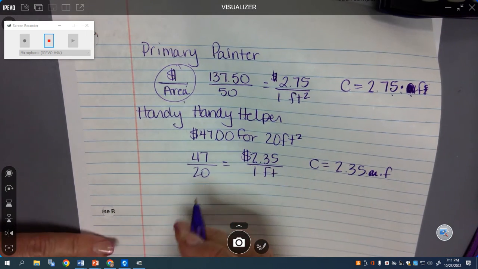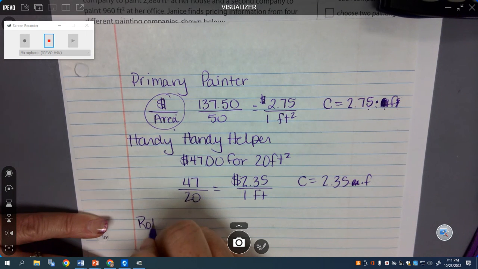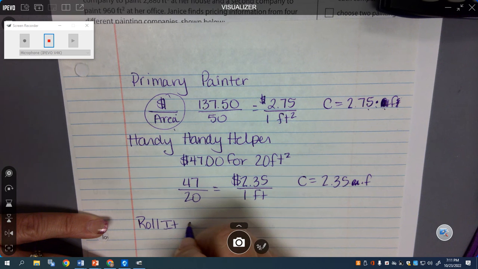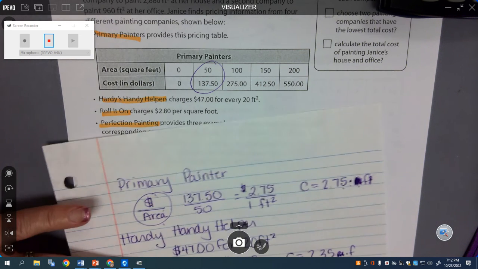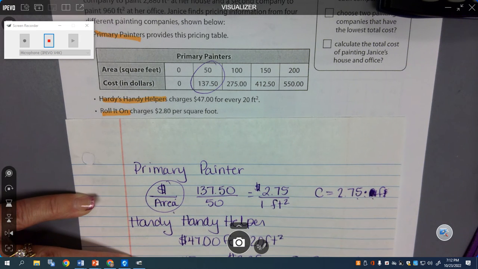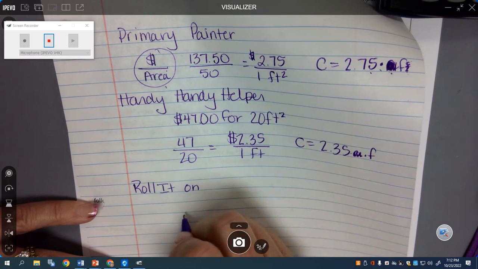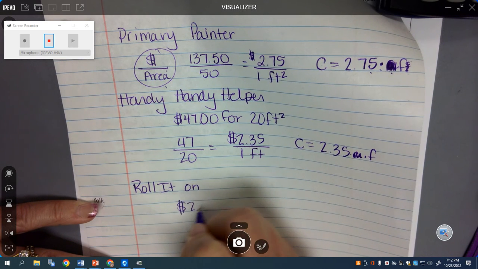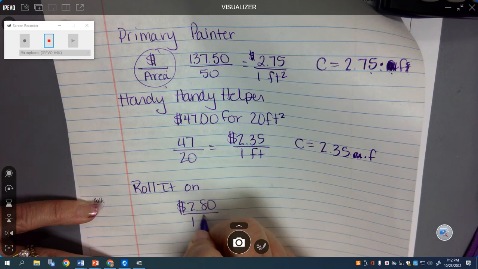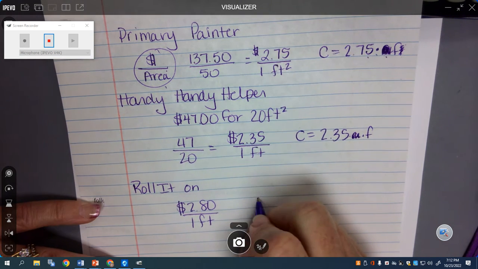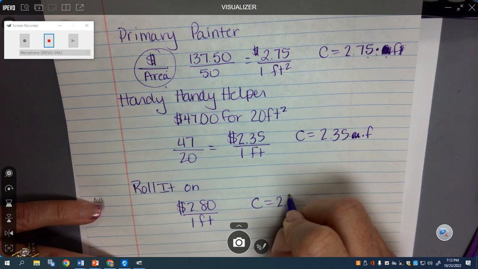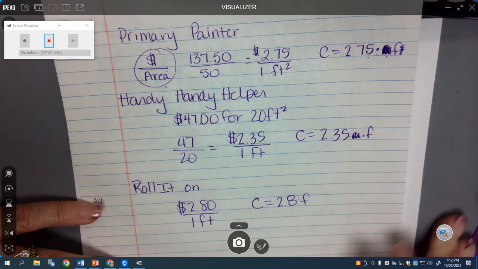Thank you, Roll It On, because Roll It On already has the unit rate for us. So Roll It On is $2.80 for 1 square foot. So the cost is 2.8 times the amount of feet.